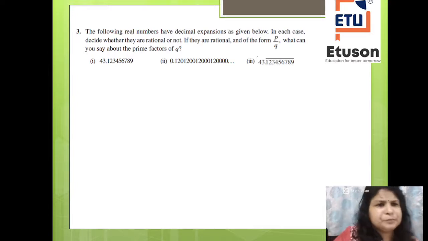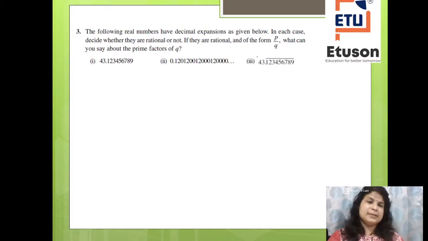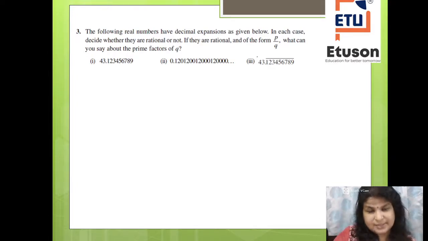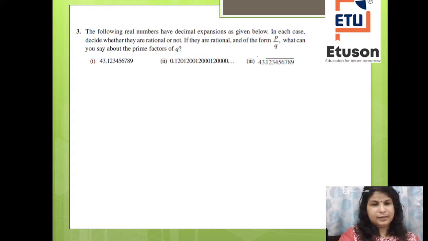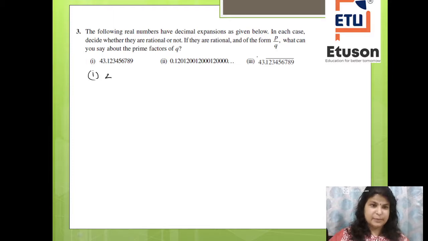So what is it? The following real numbers have decimal expansions as given below. In each case, decide whether they are rational or not. If they are rational and of the form p by q, what can you say about the prime factor of q? Okay, so it's very clear. So it is just the other way round. So you have here the already given decimal number.